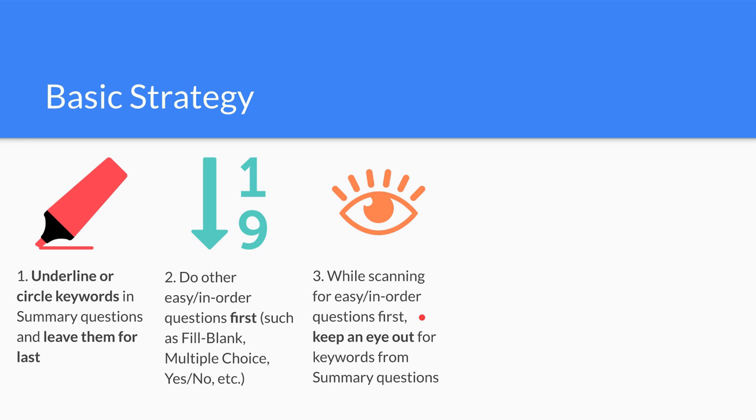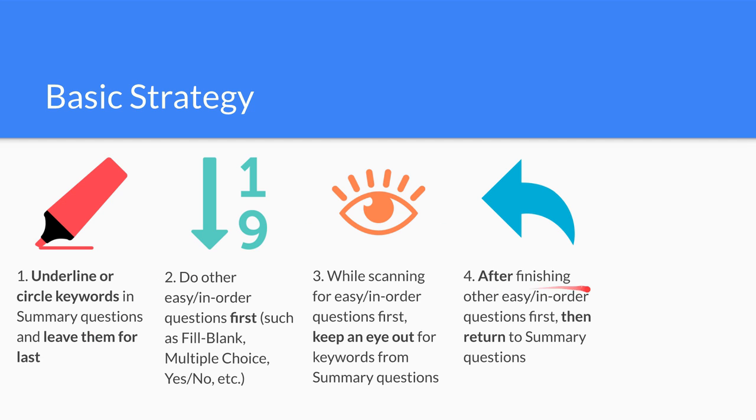Okay? So what that means is you should have these keywords in the back of your mind, and when you are scanning for the keywords to these easy questions, you should keep an eye out for the keywords from the summary questions, so that when they jump out at you, if you notice them, you can mark them right away so that you can know where to look for when you do start to answer these summary questions at the end.